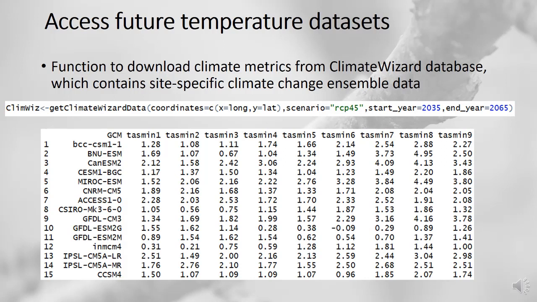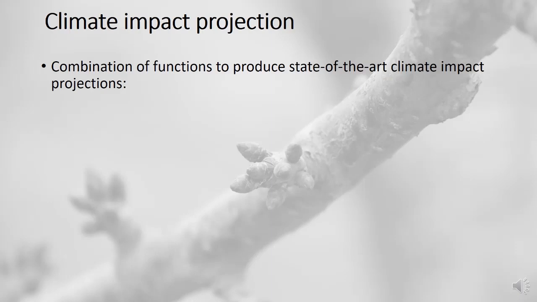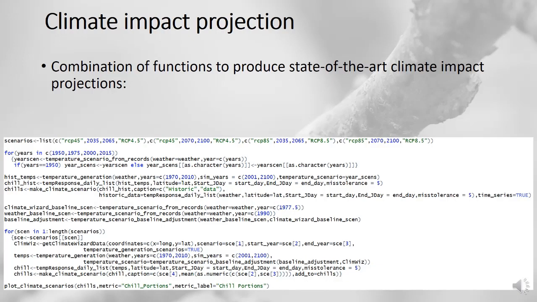Now this is sufficient data for, again, generating scenarios with this weather generator that can then be used to generate hourly temperature curves according to the functions we discussed earlier. And if we combine many of these functions that I just talked about, the code gets a little bit longer.